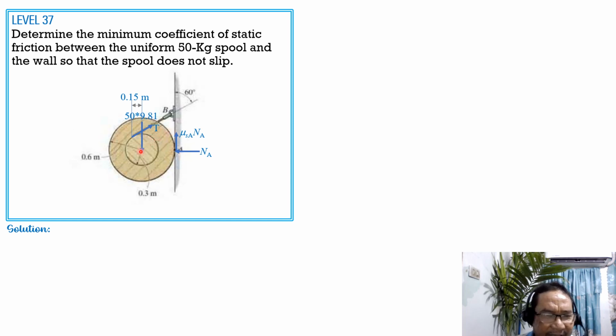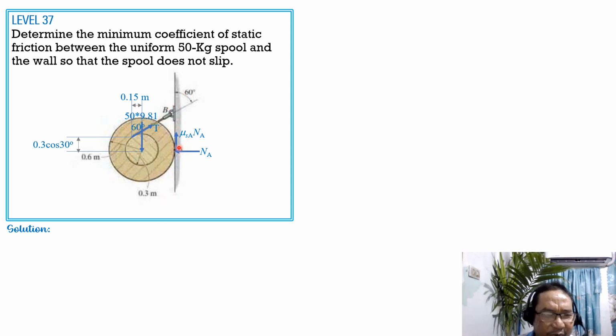Then the horizontal distance between the center and this point of tangency is 0.3 cosine of 30 degrees. Next, this is 60 degrees, just like that.